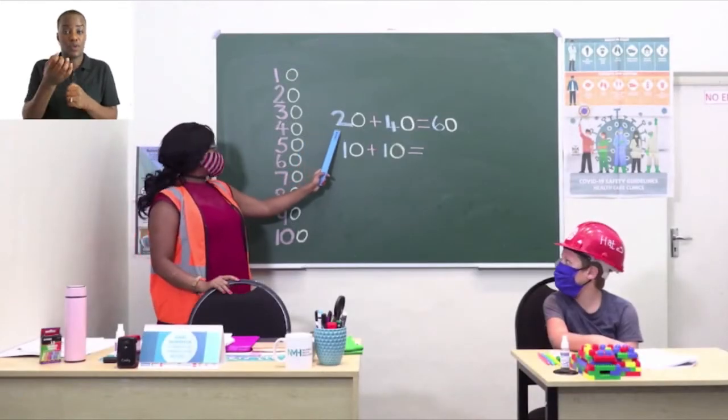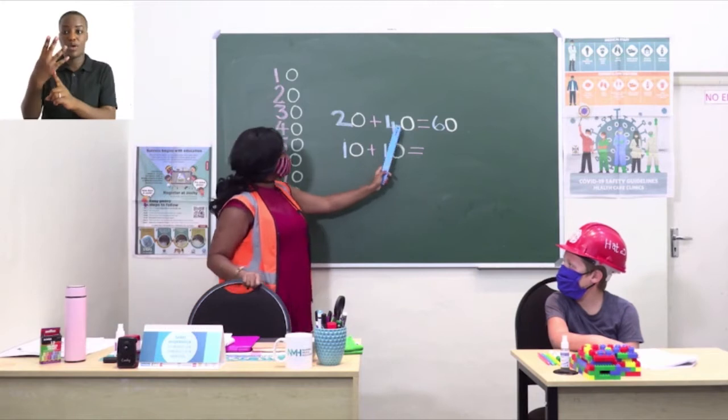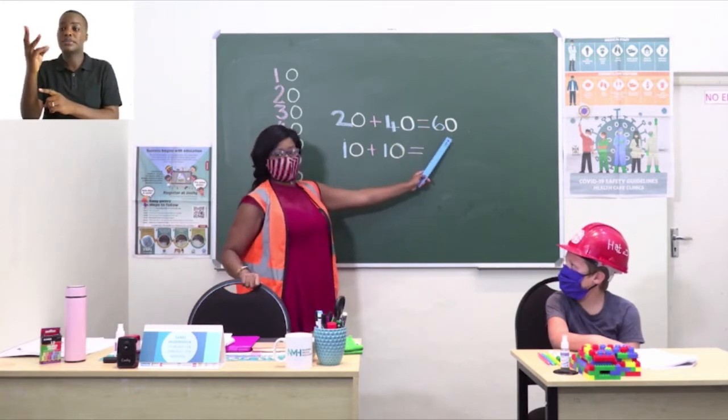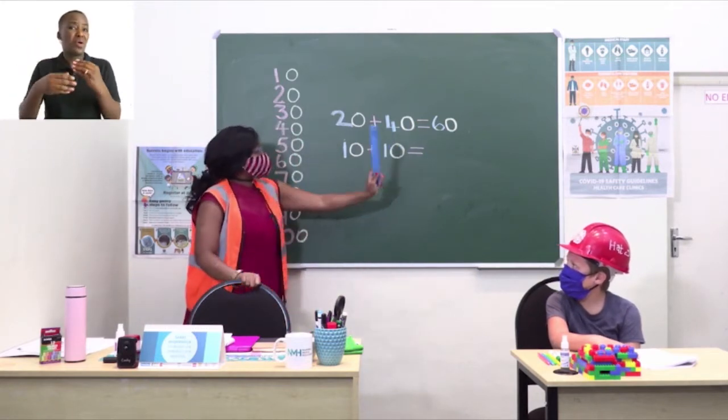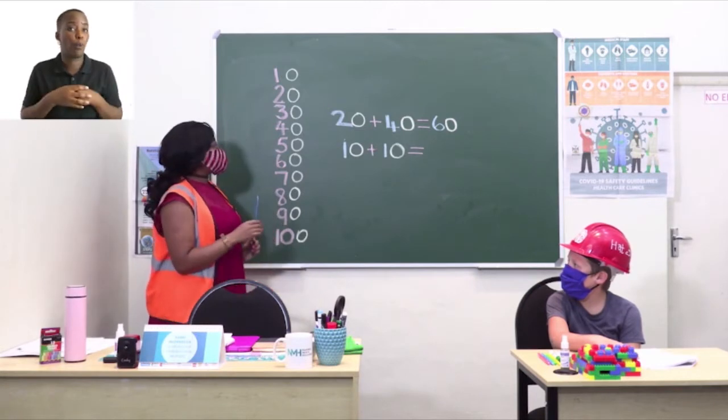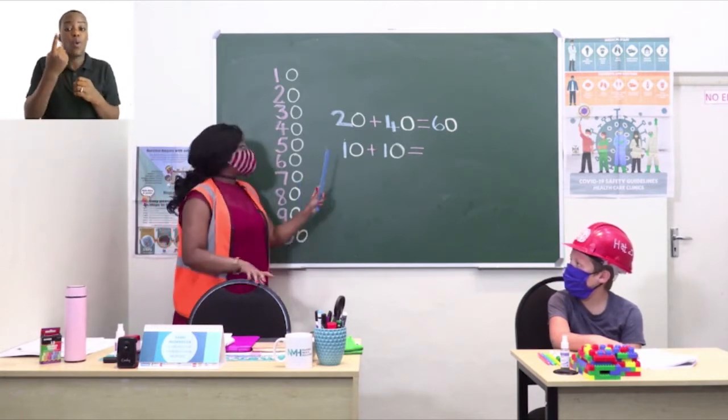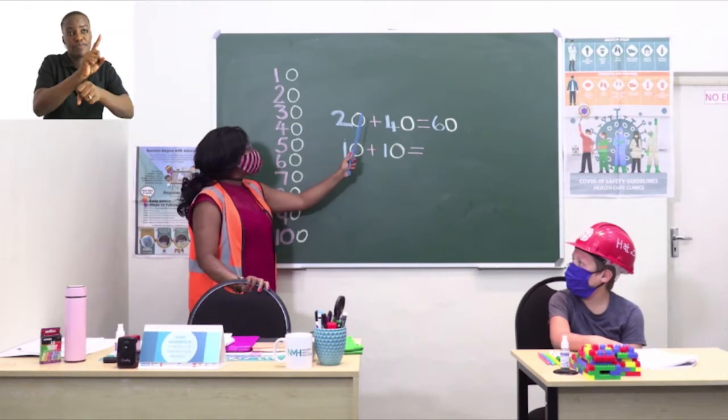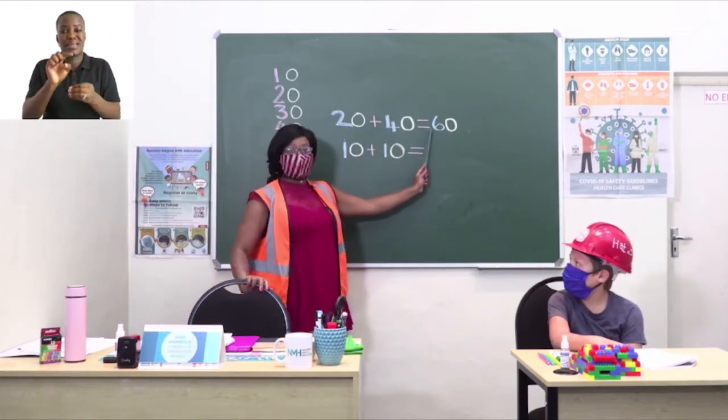We have 20 plus 40 equals 60. To add these big numbers together, we are going to only focus on the first digit of every number.